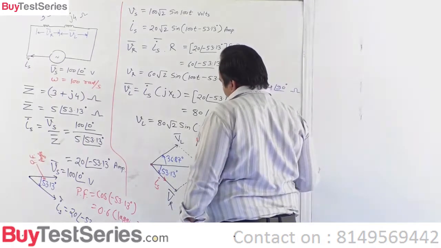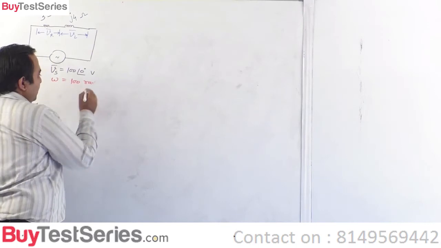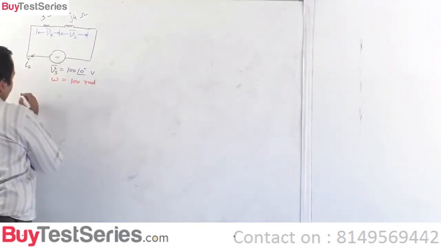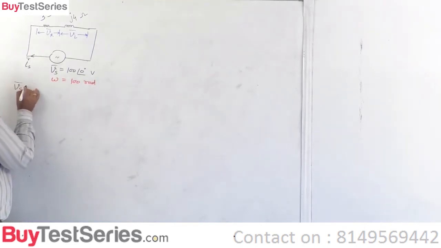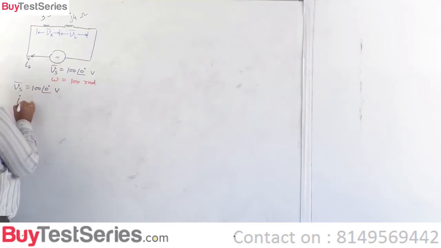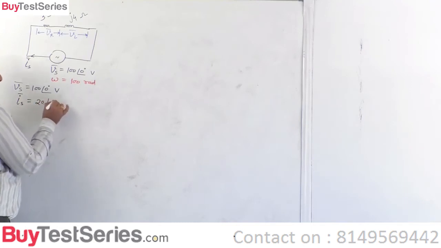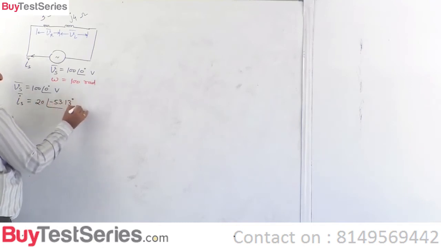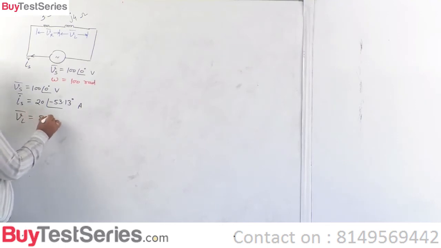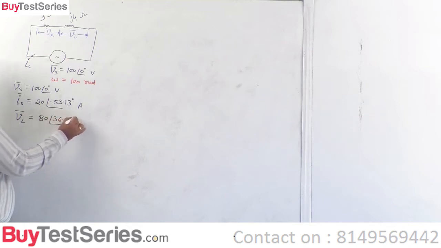Let us go to the power calculations now. The results that we have are: VS, which is already given, 100 angle 0 degrees volts; IS as 20 angle minus 53.13 degrees amperes; VL is 80 angle 36.87 degrees.